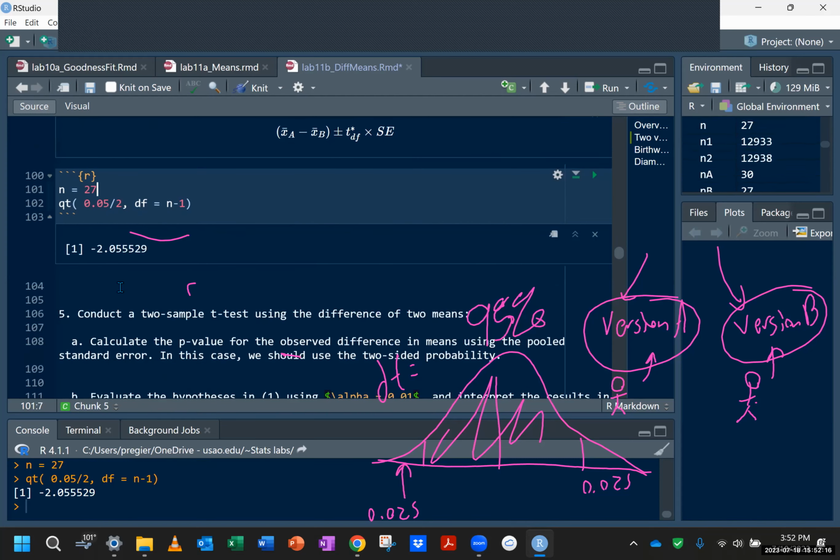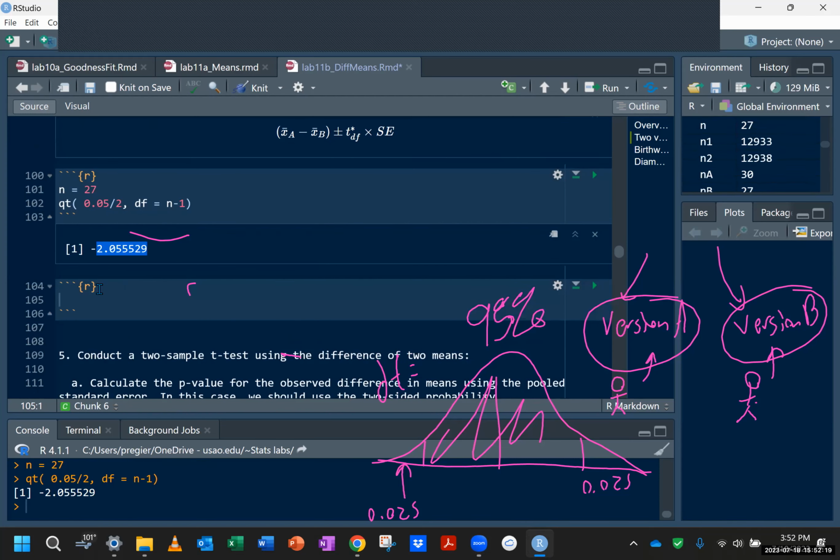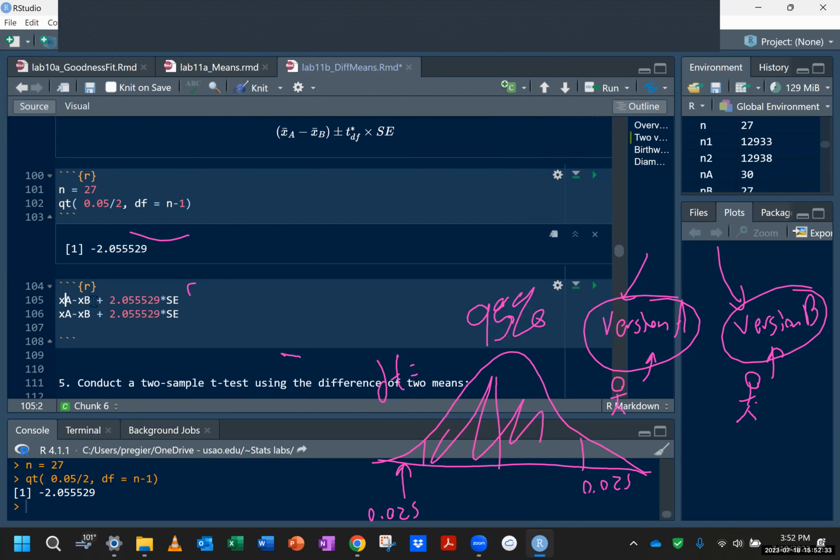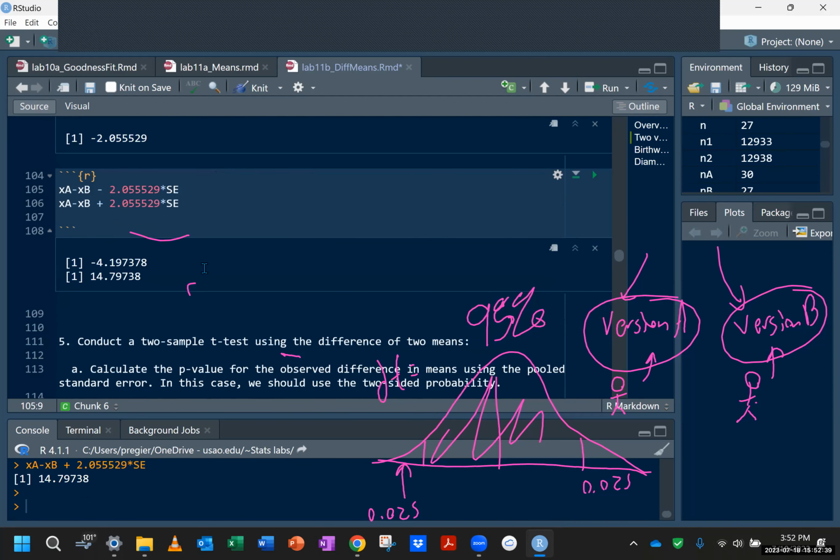That's our qt. That means we're going to go XA minus XB plus that value times our standard error. Same thing with minus. This means we're 95% likely to have this kind of distribution.